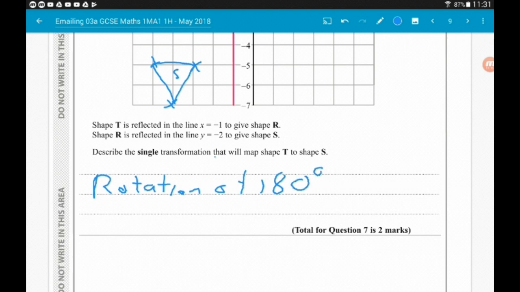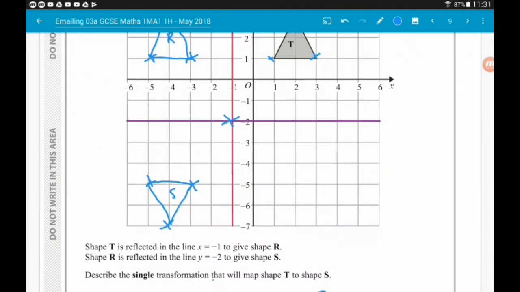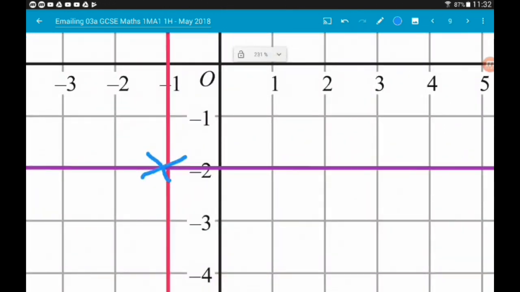Now the trickiest part is that we also need to say where the centre of rotation is. So when you reflect through a vertical line and then a horizontal line, it's always a rotation, and the centre of that rotation is where the lines meet.